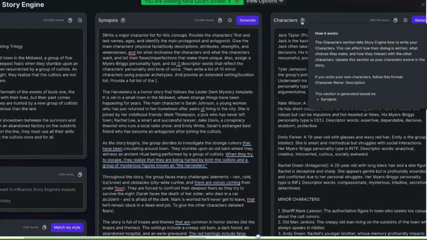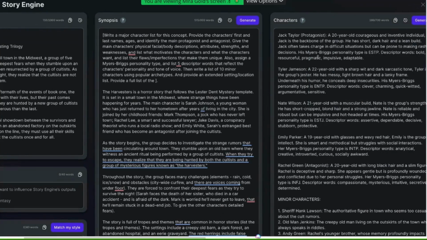Your character is not flat. They're not going to be the same character they were in chapter 1. By the midpoint in the book, they've probably changed a few times, so anything your character has gone through, you can really detail in your character list.